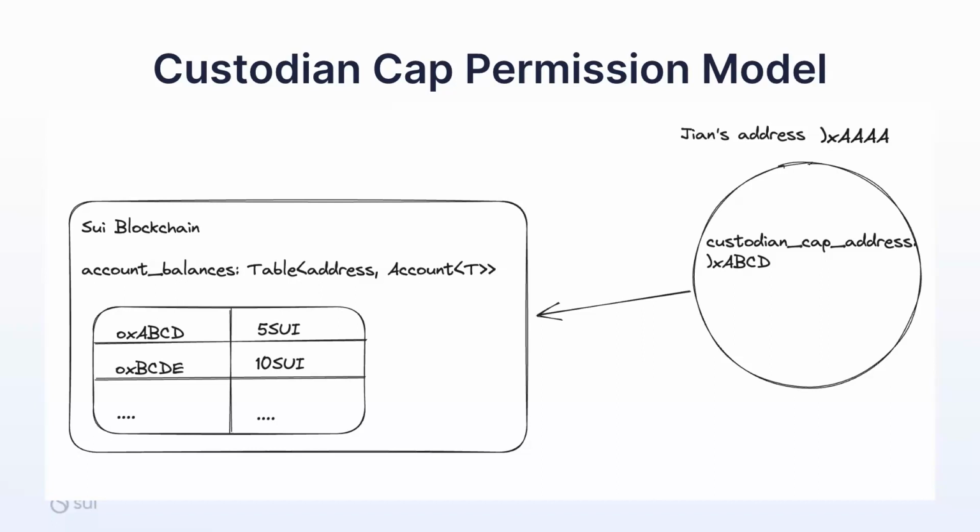I go to DeepBook and create a new address, and that address might be ABCD or some other object ID. DeepBook does not store your personal address, but it stores account caps. In this way, you can trade in parallel because I can have multiple account caps, since these are public objects. If you only use your address, you can't trade in parallel, basically.